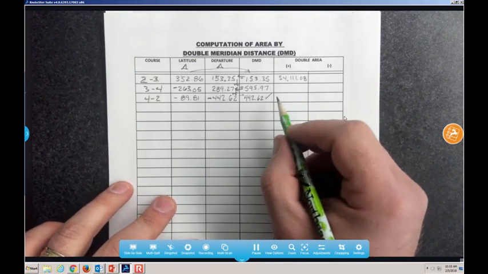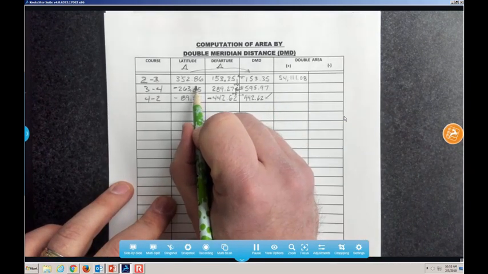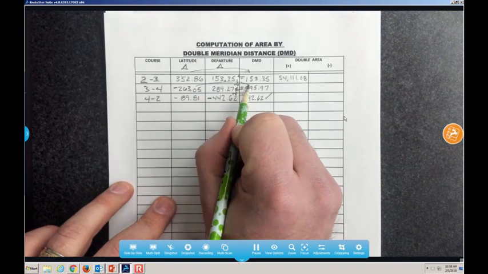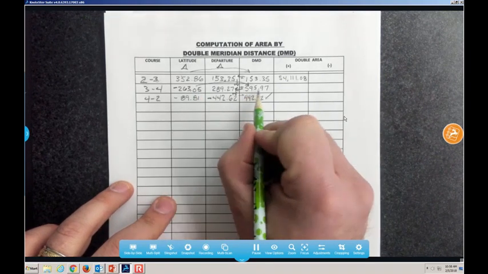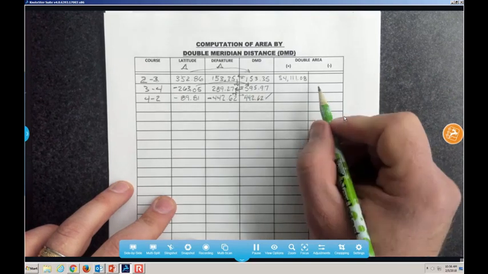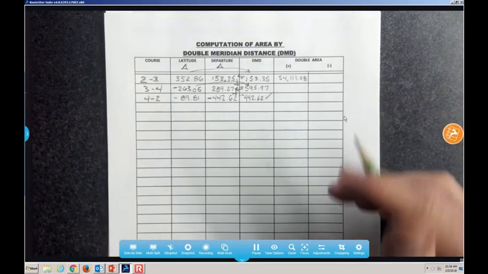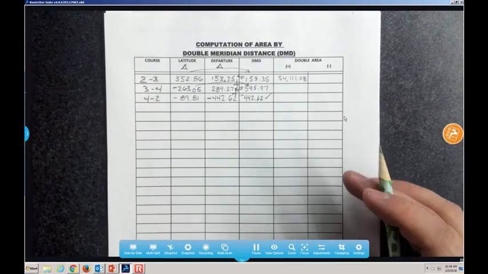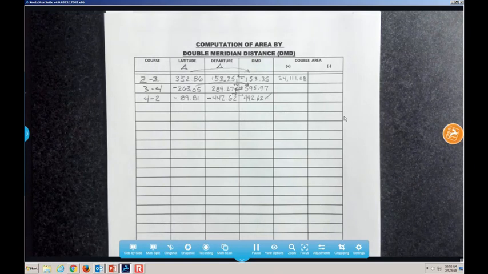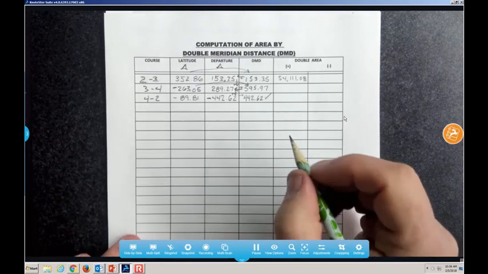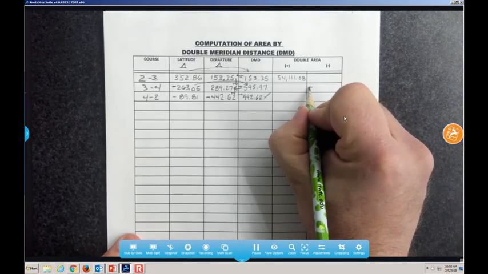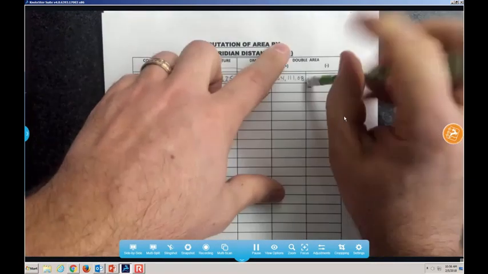So it stays in the positive column. So let's do that for the next one. So we take our latitude times our double meridian distance, and that gives us a certain double area. So it goes in the minus column. So I don't have to put a negative in front of it.